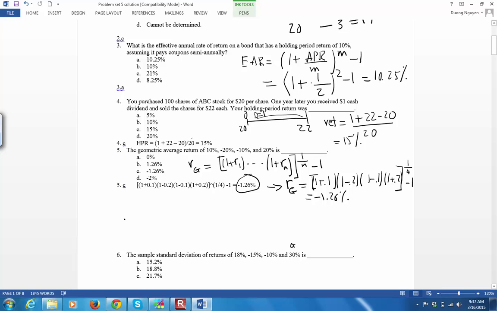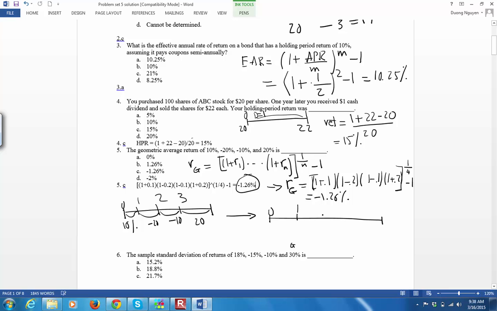What it means is that it represents the return every year. You have 4 years: 1, 2, 3, and 4. The first year you earn 10%. The second year you earn negative 20. The third year you lose negative 10, and the last year you earn 20.